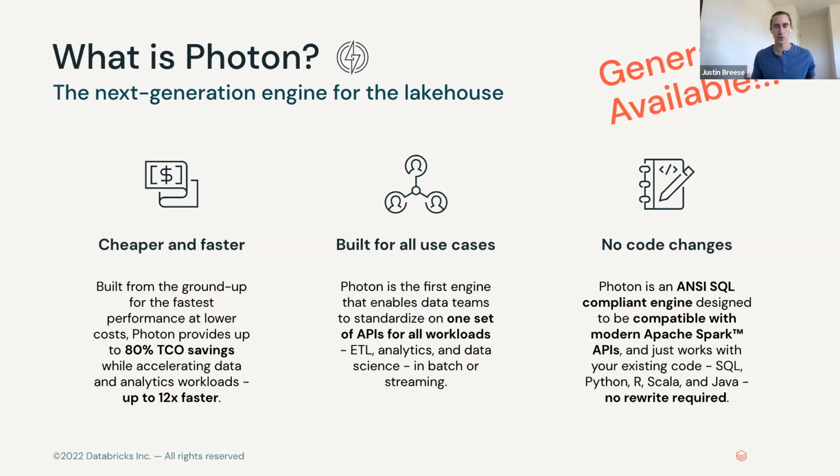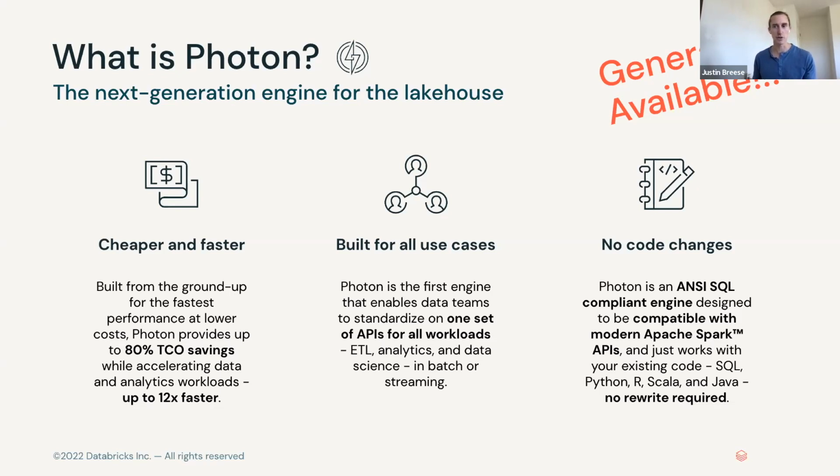If you're in the workspace, you're using notebooks, then Photon is the engine that you can use in order to do your ETL or exploratory data analysis and even productionize some of your jobs. But Photon is cheaper and faster, so it's built from the ground up for the fastest performance at lower costs.